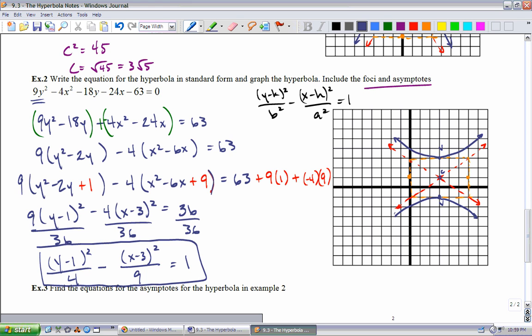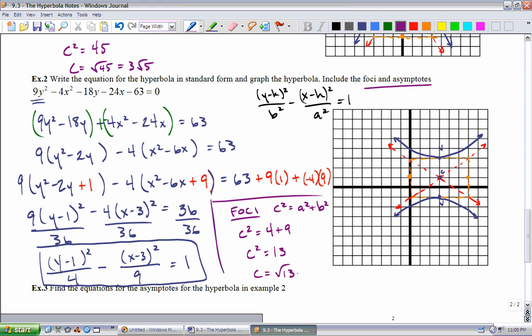Okay, if we needed to include our foci, which I asked you to do, remember, c squared equals a squared plus b squared. So in this case, we can say c squared equals 4 plus 9, which is 13, or c equals the square root of 13, somewhere between 3 and 4.